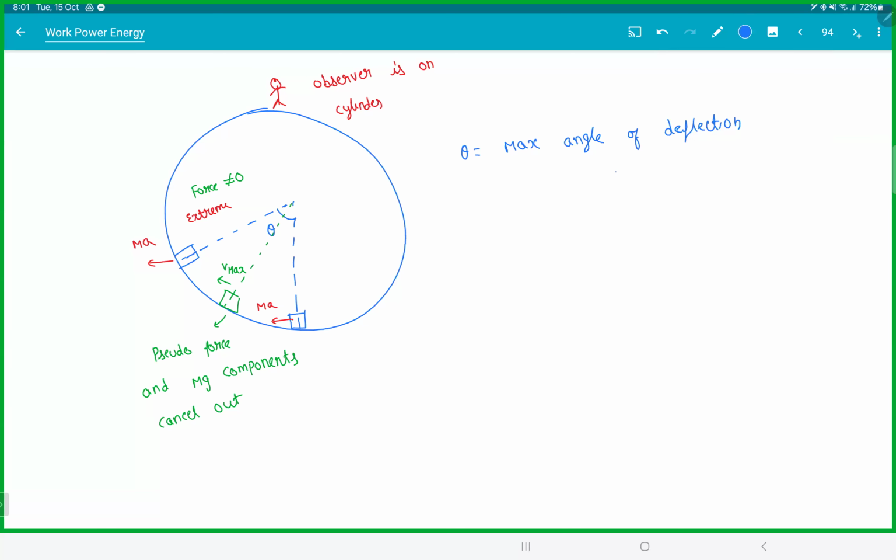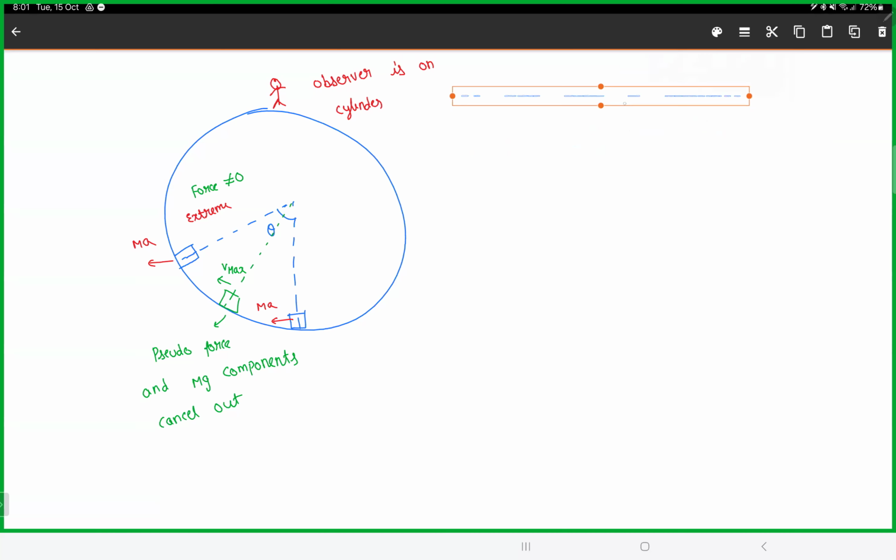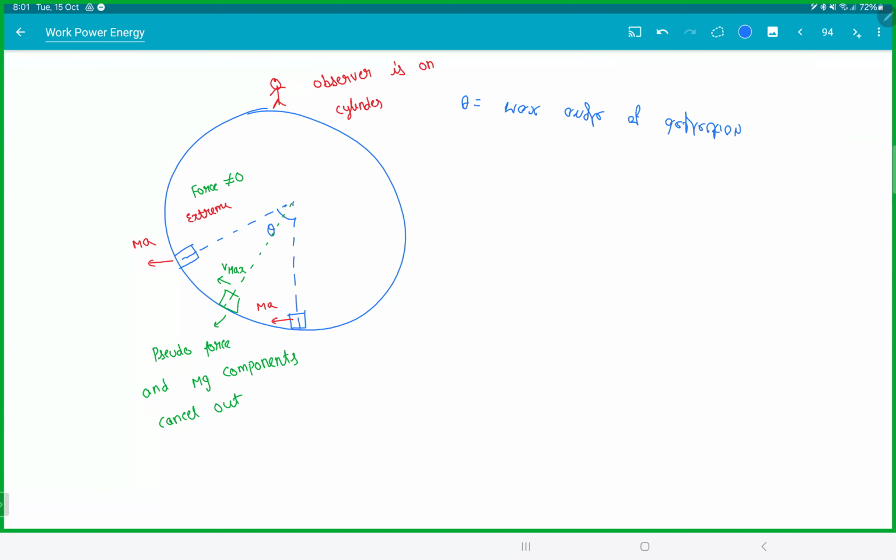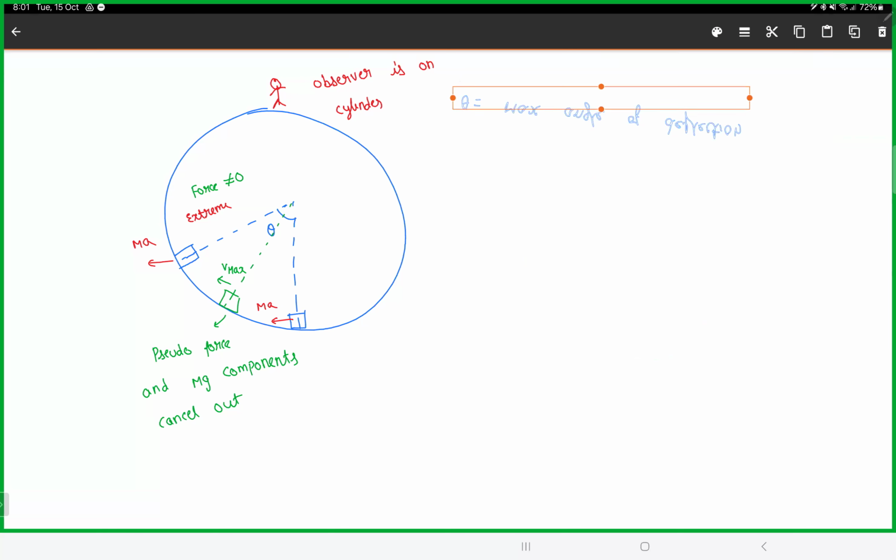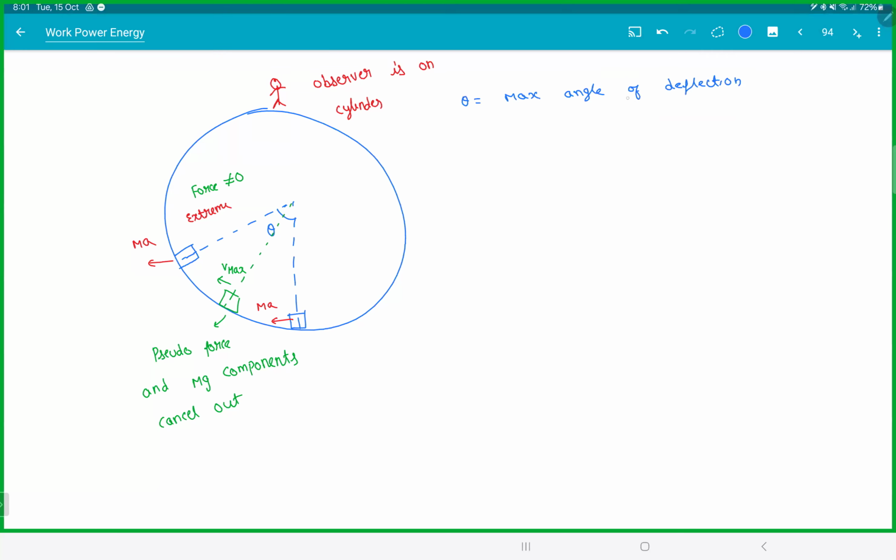So great. Let me just redraw it again. Okay, this is interesting. Okay, I didn't know I could do this.